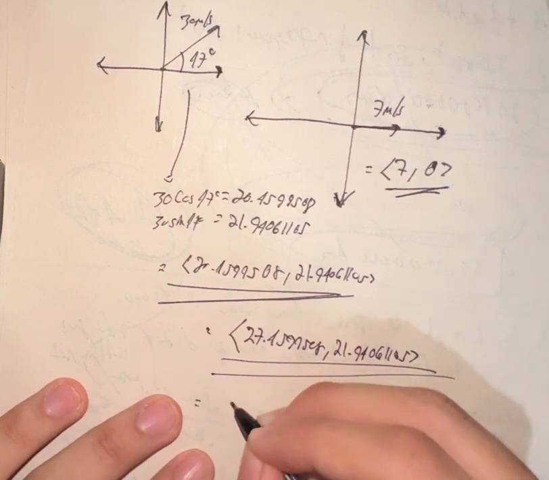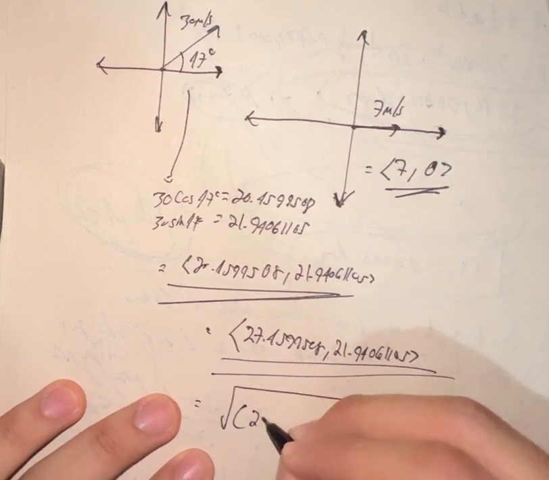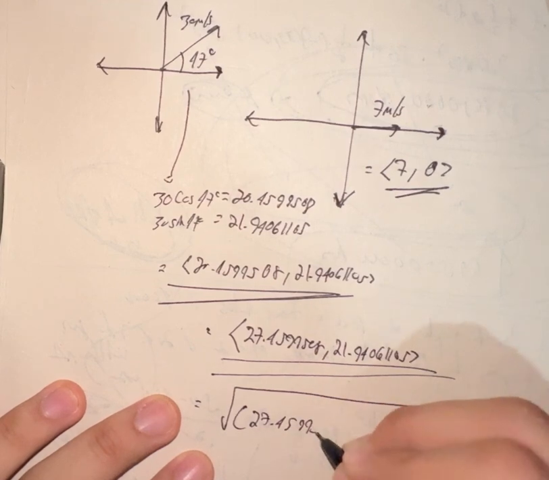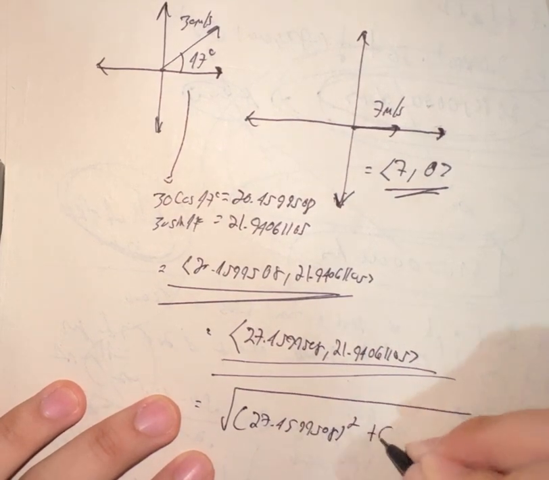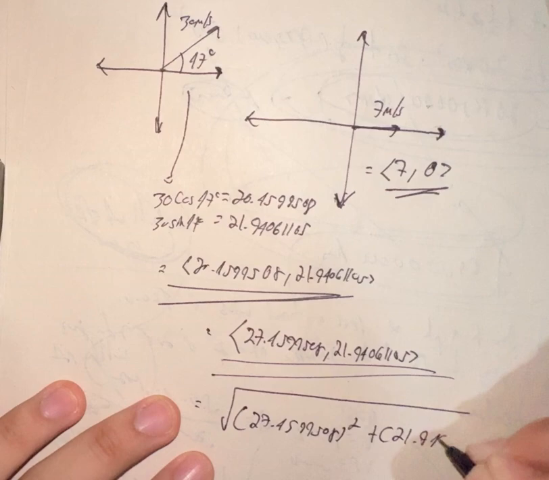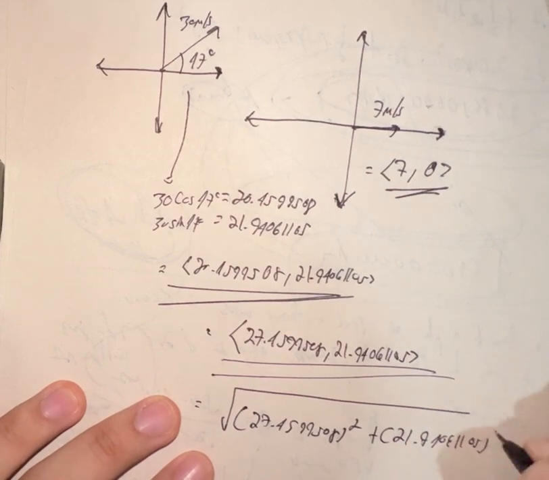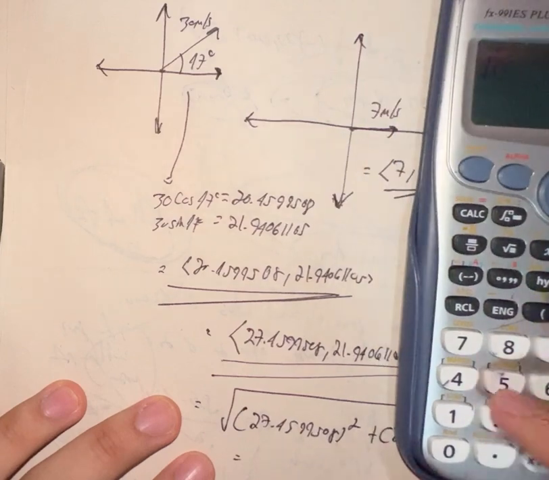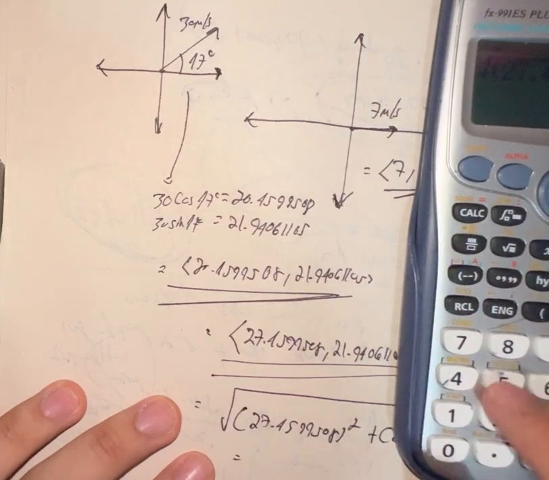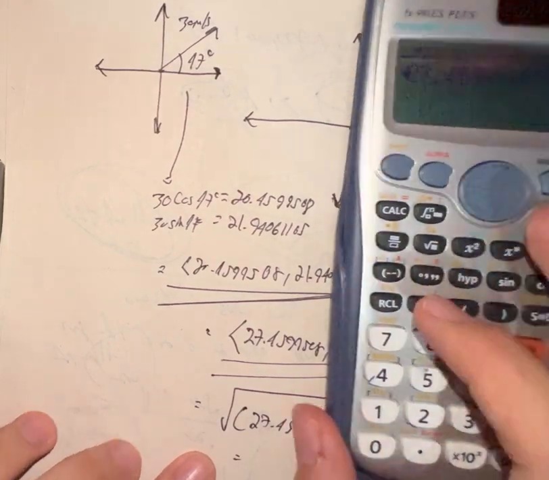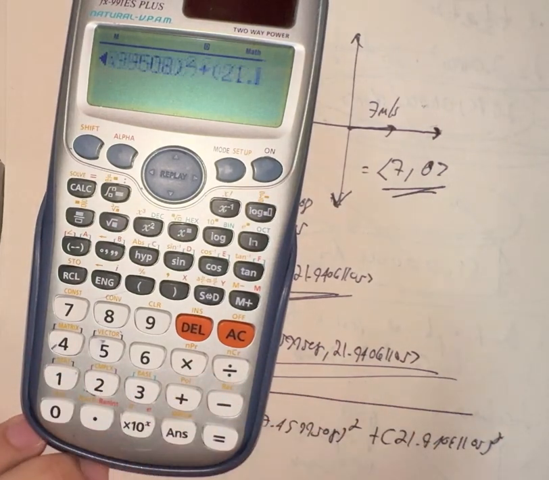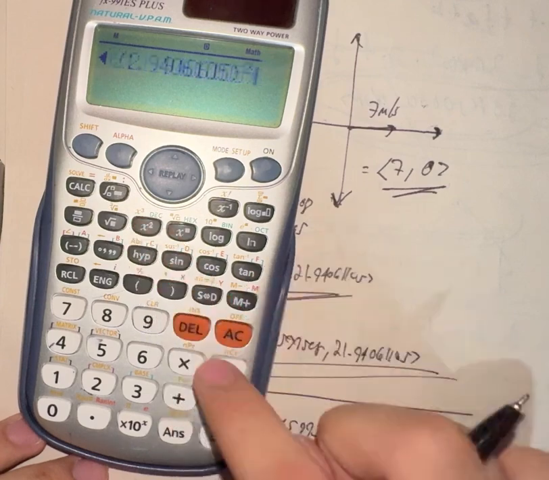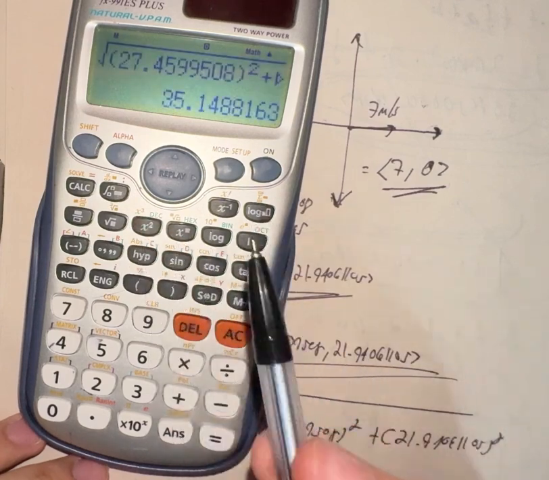Substituting that into the Pythagorean theorem, so now on the calculator, 27.4599508 squared plus 21.94061105 squared, square rooted, gives 35.14.